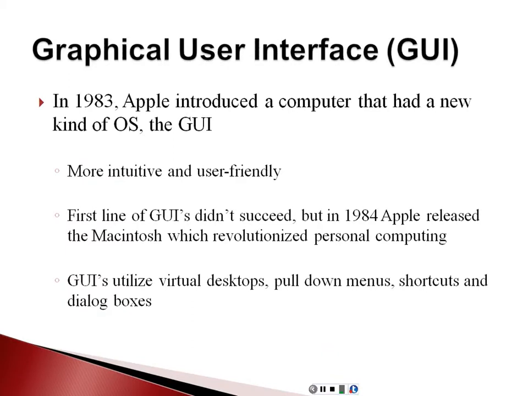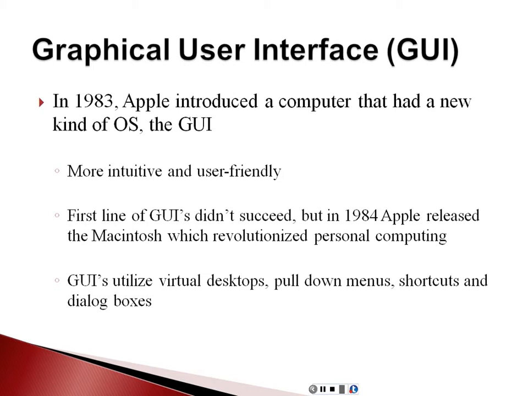Now let's talk about a graphical user interface. That's another type of operating system, and this is what we're more familiar with nowadays. In '83, Apple introduced a computer that had a new kind of operating system, this GUI, or graphical user interface.